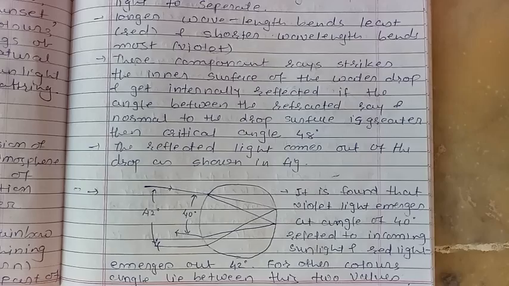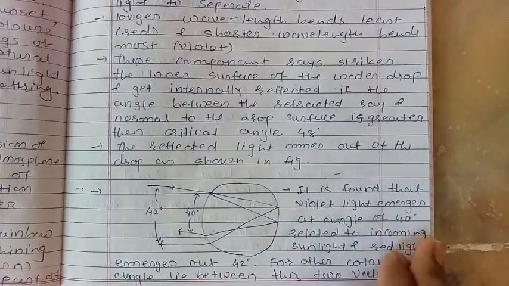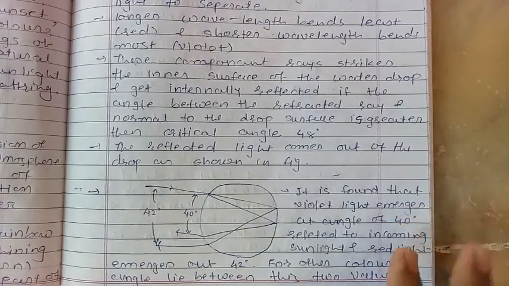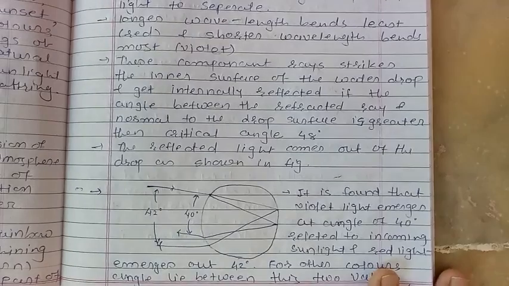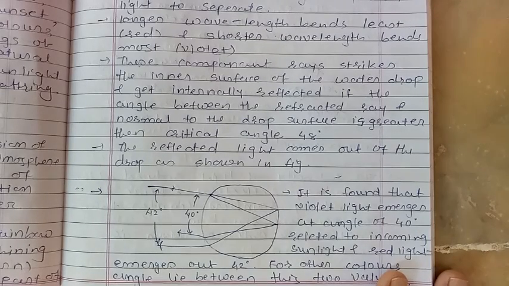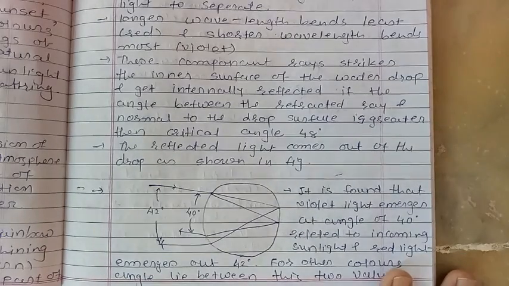So the process of formation of rainbow is, first of all, sunlight enters into the raindrop, so refraction takes place. After that this sunlight separates into the several colors. After that we know the longer wavelength bends the least, say red, and the shorter wavelength bends most, say violet.